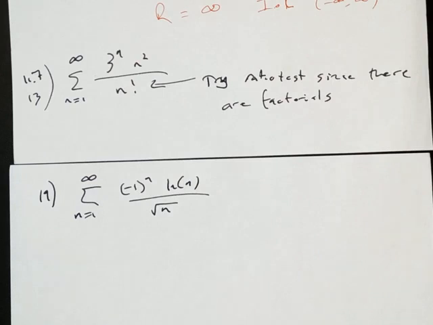Now, the question simply says, test for convergence or divergence, right? So I don't necessarily need to know if it converges absolutely according to the problem. In that case, what kind of series is this? So let's just start there. Let's try the alternating series test to begin with.